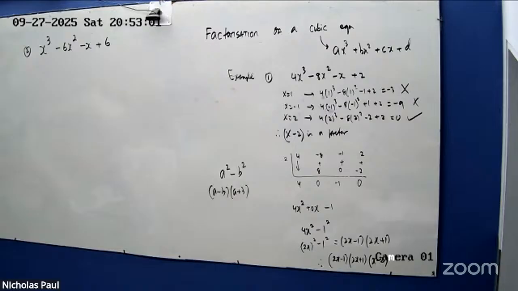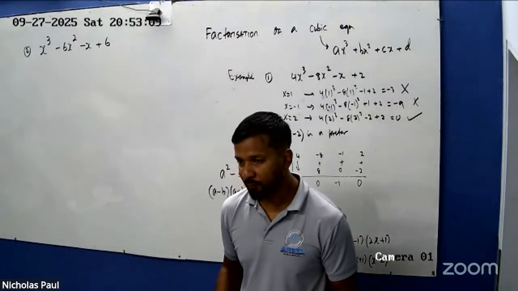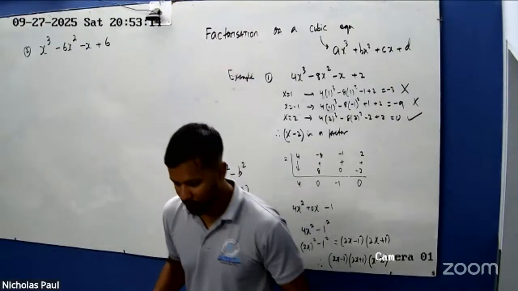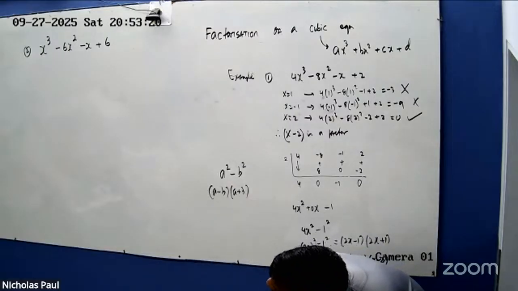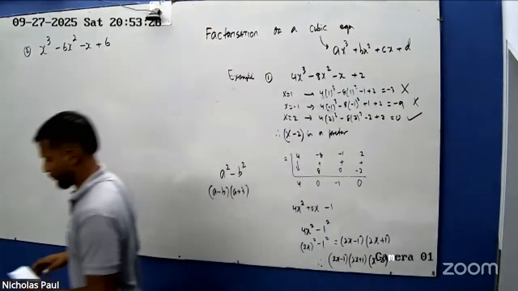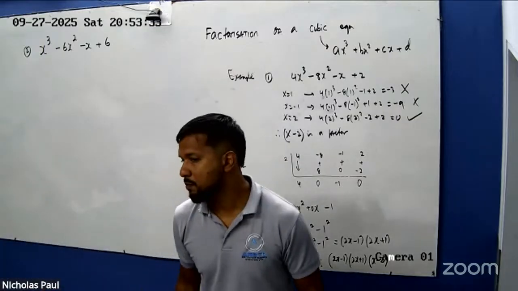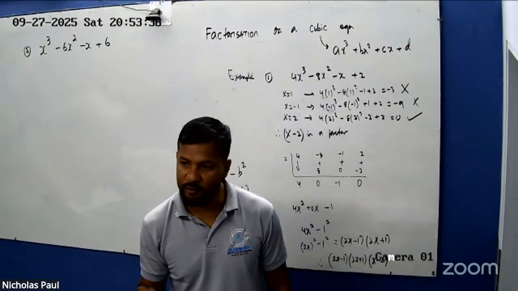You can choose any value again. You can even choose the 6, but I just like to choose a smaller value. What you do in your calculator is solve it.